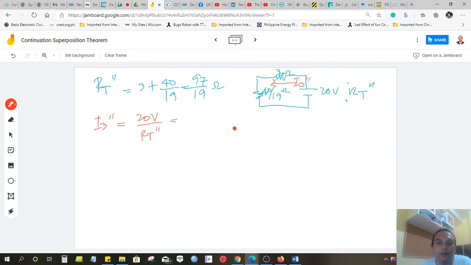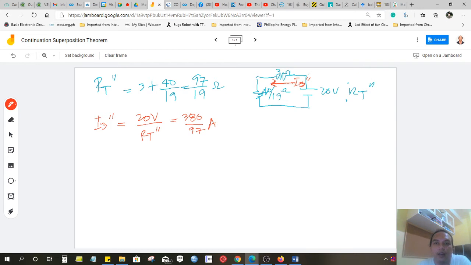So kay nganong kana atong gigamit kay siya may nag-una diha, siya may atong gi-designate current, no? So siya gyud ang murag pinaka total. So pila man 20 divide answer 380 over 97 amperes.